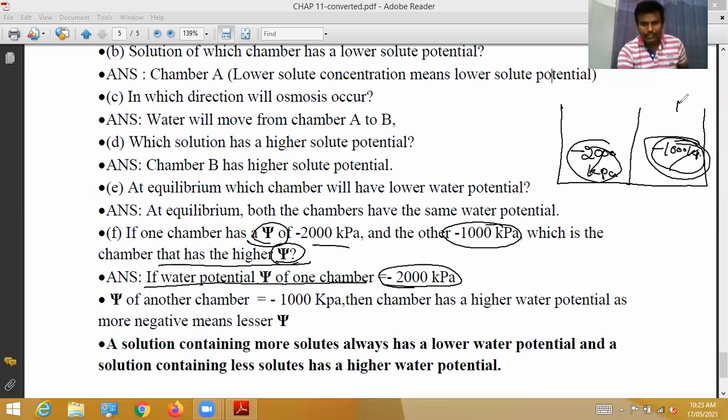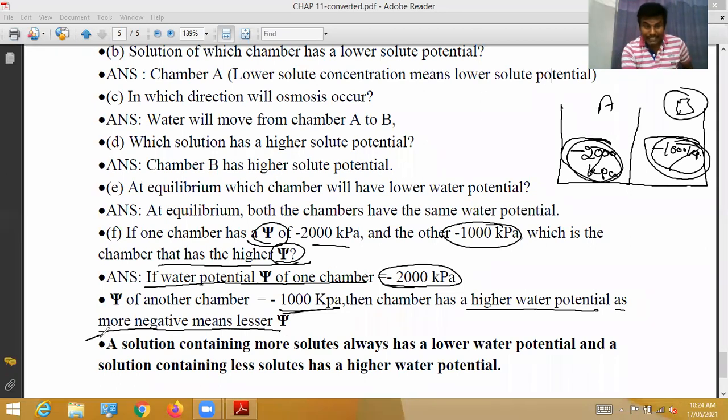Chamber B, with minus 1000, has the higher water potential, because more negative means lower potential.